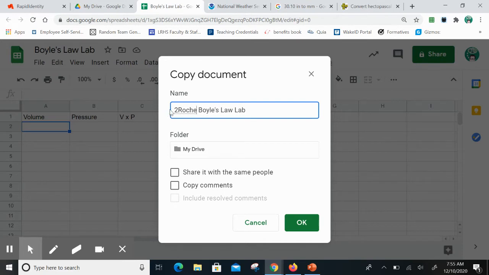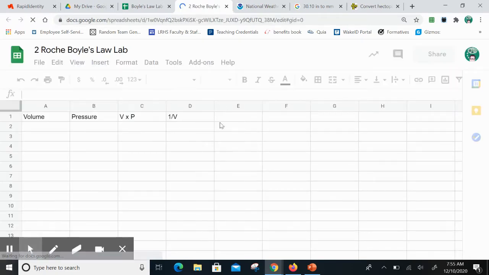If you're one of my sets of people with the same last name, it would be nice if you threw in a first letter, but I'll be able to figure it out if you don't. So the number of your period, your last name, and that's it, and then say okay. And there it is. So now you'll have this at your disposal.